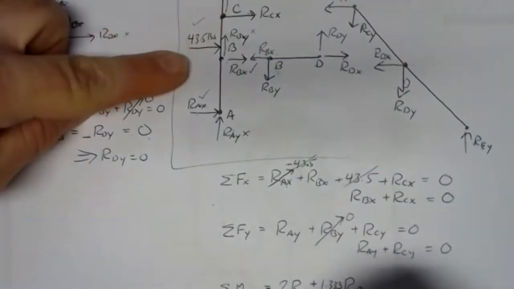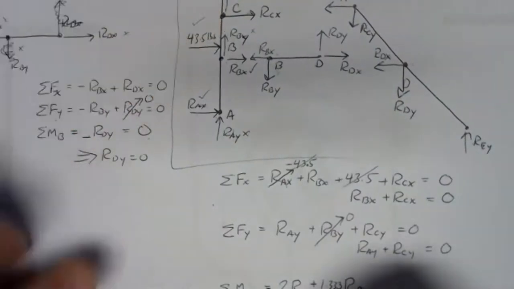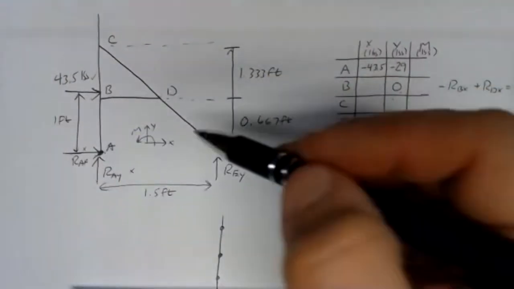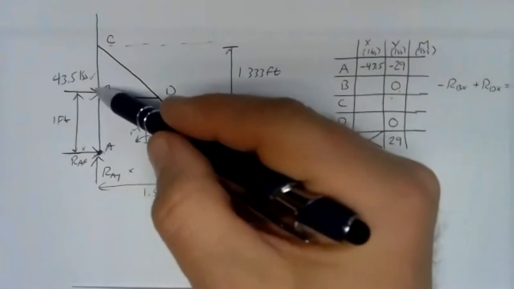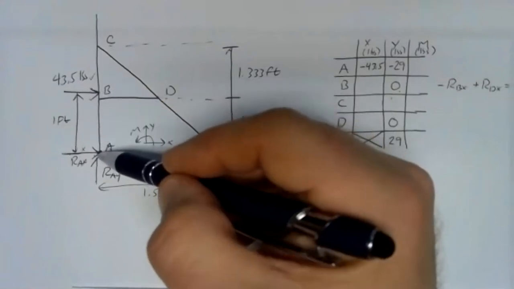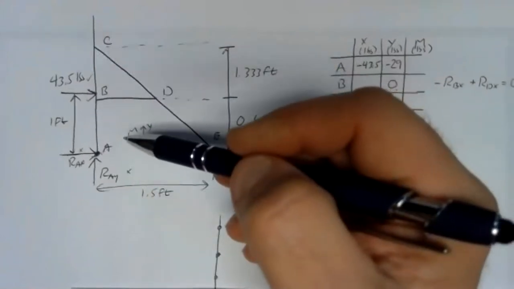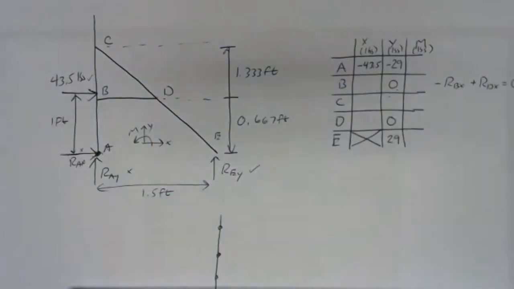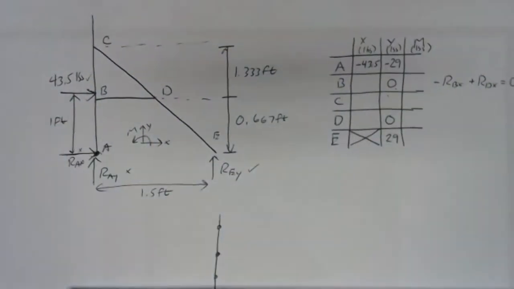And then we've got the 43.5 pounds. According to our drawing, if it's 1 foot from A to the 43.5 pounds, and it's 2 feet from A to C, then it must also be 1 foot from C down to that 43.5 pounds.